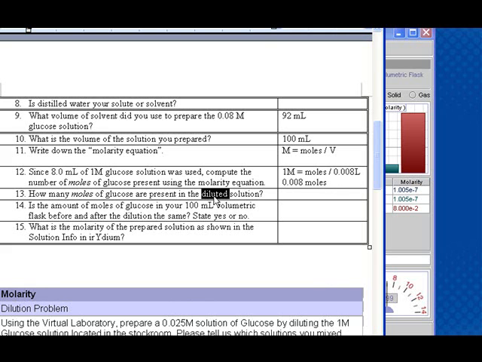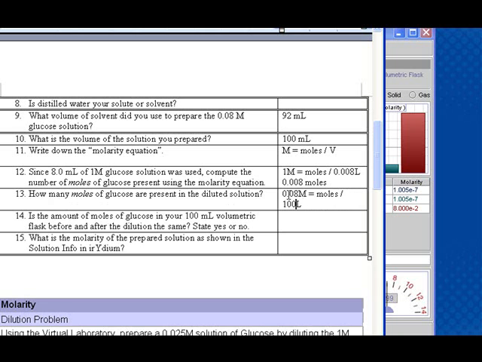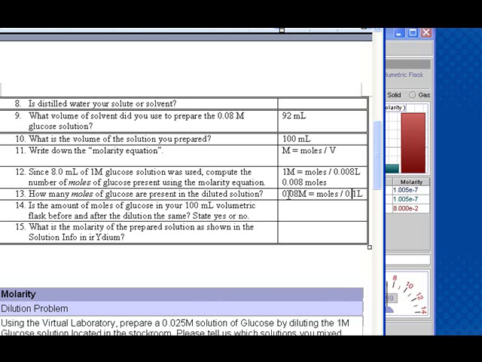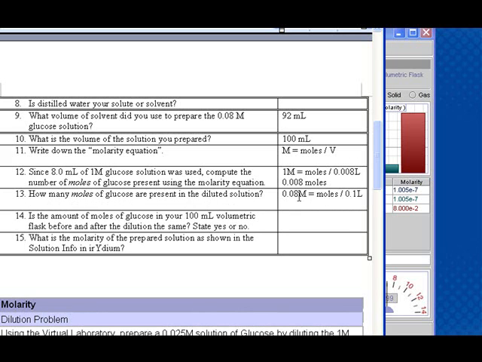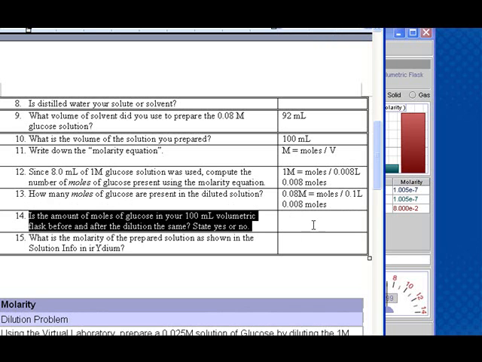Now I'm going to do the same thing for the diluted solution, where I ended up with a molarity of 0.08, and that equals the number of moles divided by the total volume of the solution, which was 100 milliliters. But again, I have to convert that to liters, so that's 0.1 liters. And now it's 0.08 m times 0.1 liters, and that comes out to 0.008 moles.